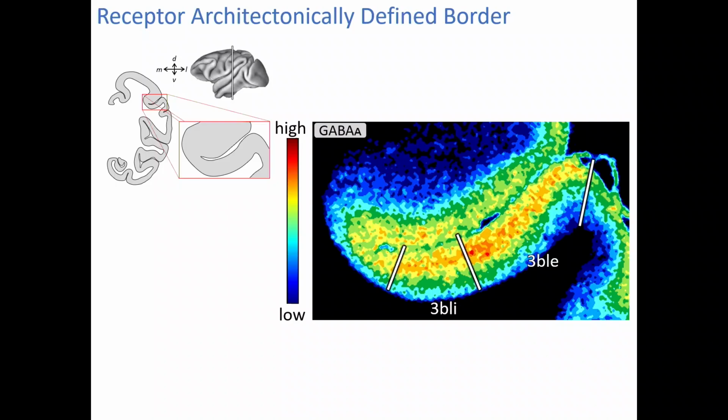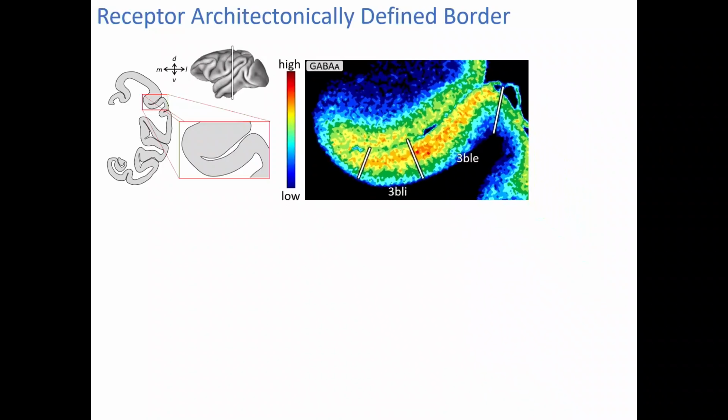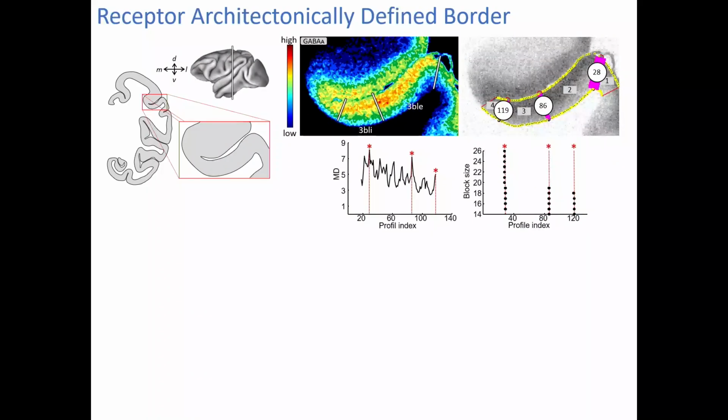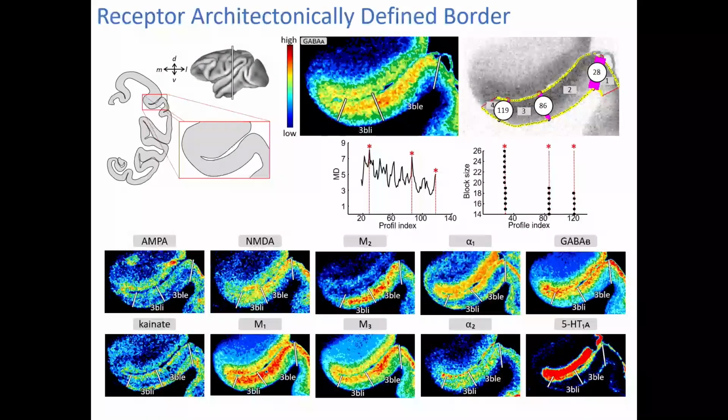The border between 3BLI and 3BLE is revealed by changes in GABA-A receptor densities. All other examined receptors also reveal this border, either by overall density differences or by changes in specific layers. It's worth noting that not all borders are equally clearly defined by all receptor types.